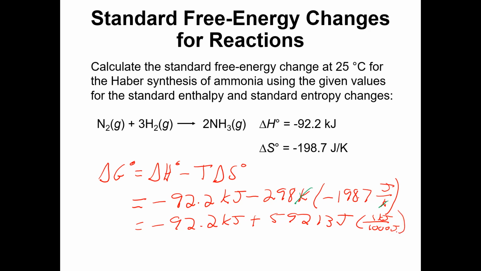So if we divide that value by 1,000 and then take negative 92.2 plus 59,213 divided by 1,000, you should come up with negative 33.0 kilojoules.